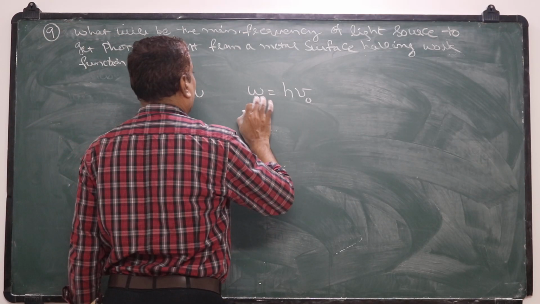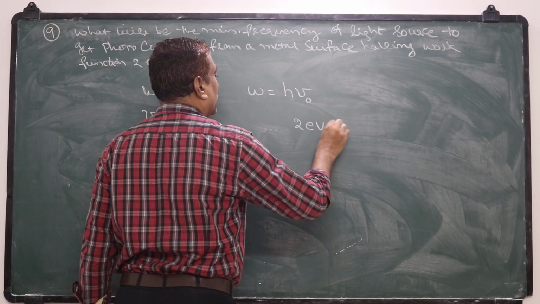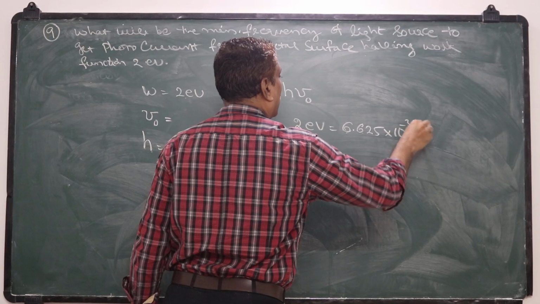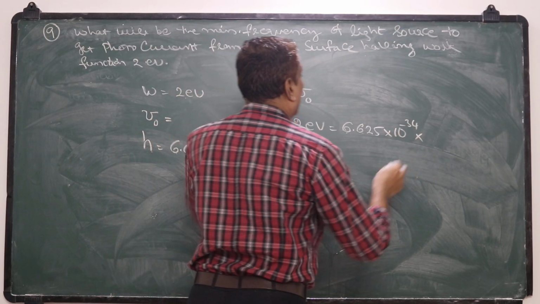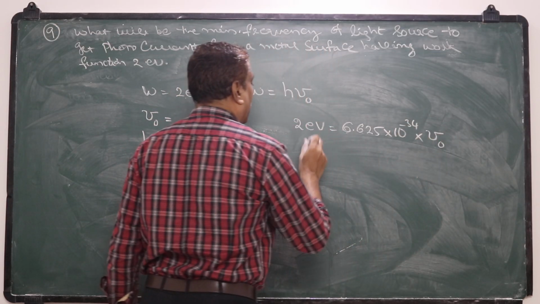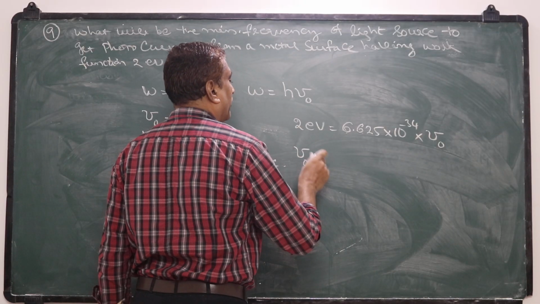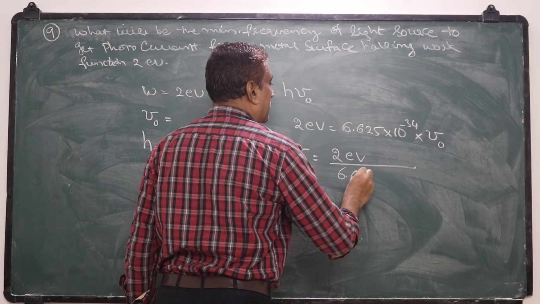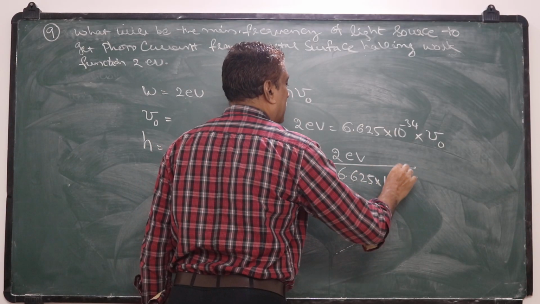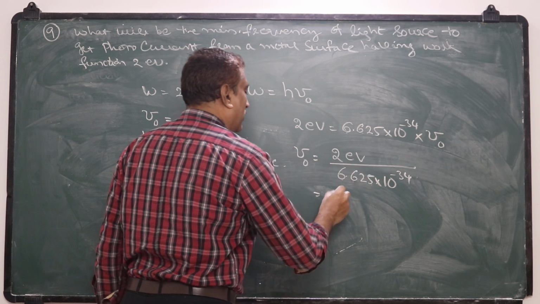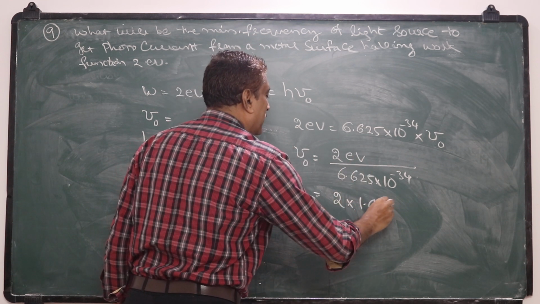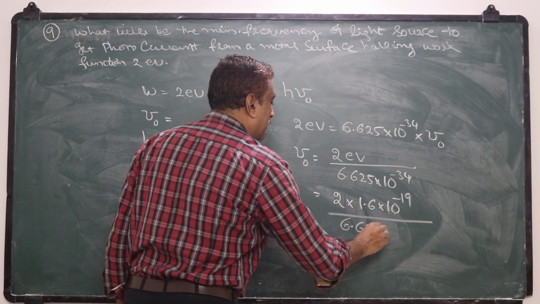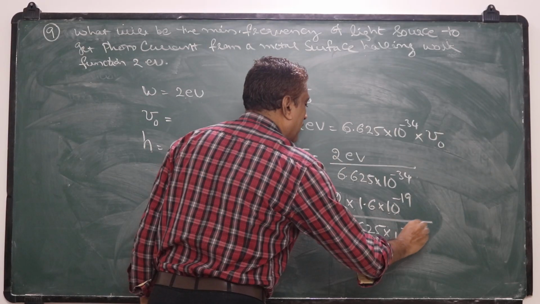So 2 electron volt is equal to 6.625 into 10 power minus 34 into nu naught, and therefore nu naught is equal to 2 electron volt divided by 6.625 into 10 power minus 34, converting electron volt, 2 into 1.6 into 10 power minus 19 by 6.625 into 10 power minus 34.